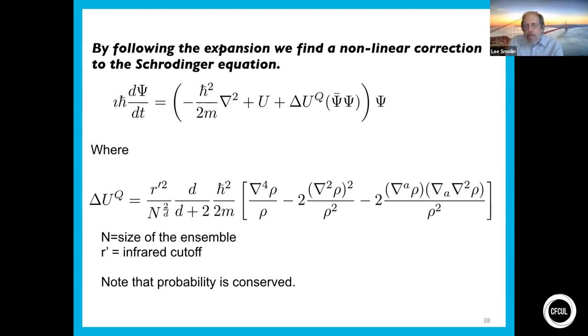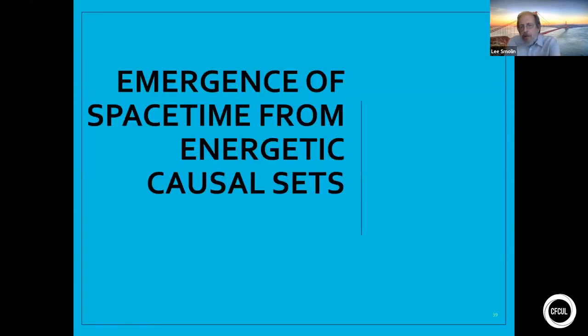And N is the size of the ensemble that I use to generate the probability distribution. So we see that basically 1 over N to the 2 over the dimension is fixing the size of these corrections. And those are types of corrections that violate unitarity, but they're consistent with probability conservation. And they've been studied by different people, so that's not new, but it's important to emphasize they emerge from here.